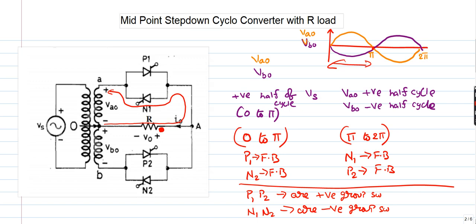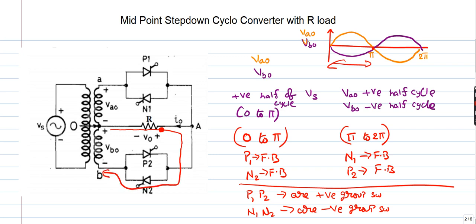Similarly, when N2 is in conduction, it starts from O to left terminal of resistor, then N2 to B. Again it is entering from the left terminal, so that the output voltage polarity will be negative.